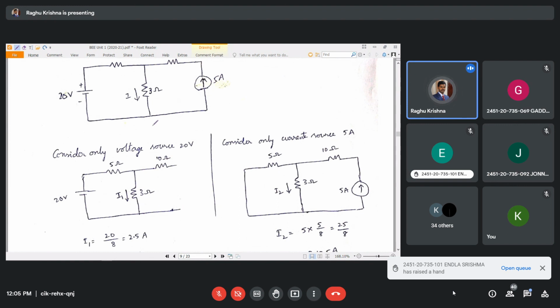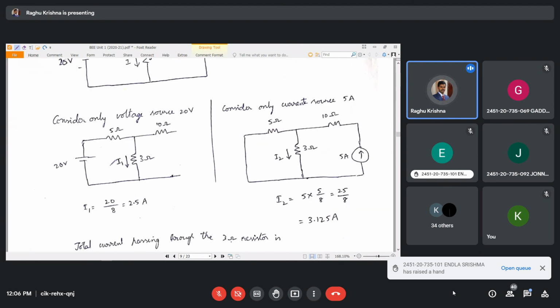Now here I am considering I1 as the current flowing through this 3 ohms. So I1 is equal to 20 by 8. How did you get this 8? 5 plus 3, 8. So current will be flowing only through this 3 ohms. Current will not flow through this 10 ohms because there is no path for the current to flow in this 10 ohms.